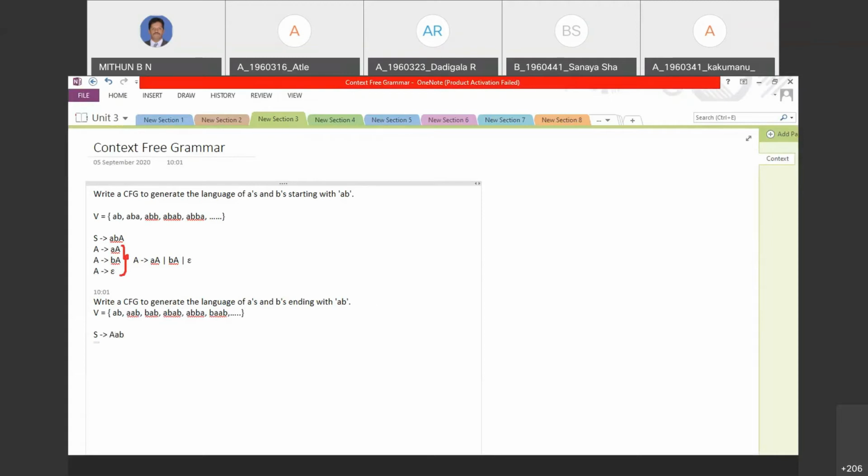I think I told you already that writing strings is required because sometimes if a new grammar is given, not only for grammar, even for regular expressions as well as DFA, PDA or derivation, we expect you to write a set of valid strings, because that would list out what are the strings to be accepted, first thing. Second thing, you can make sure that whatever strings you have written and the grammar you have written would accept it.